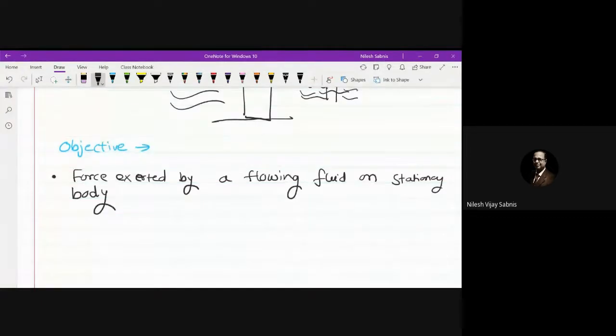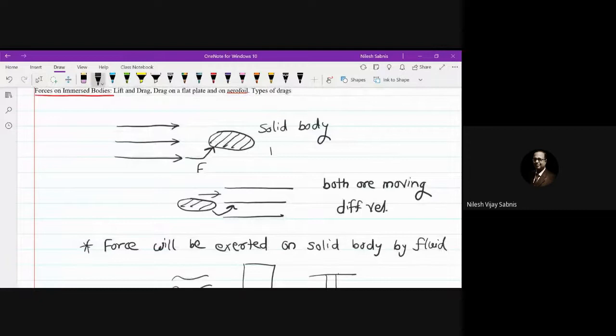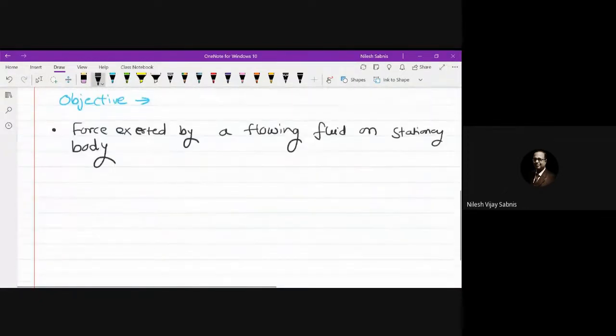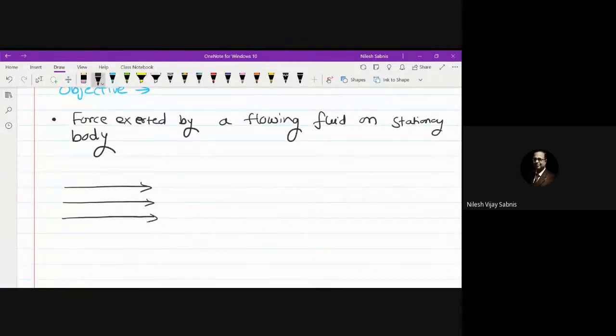So what is the condition? This first condition we are considering, where there is a flow similar to the boundary layer and that flow has uniform velocity u.